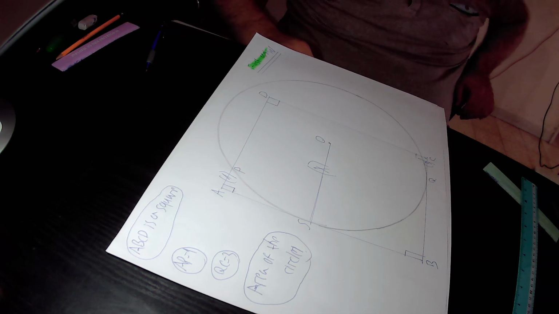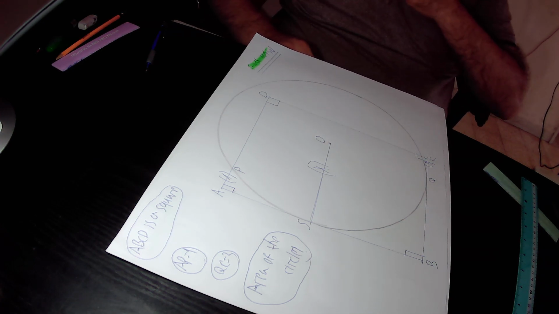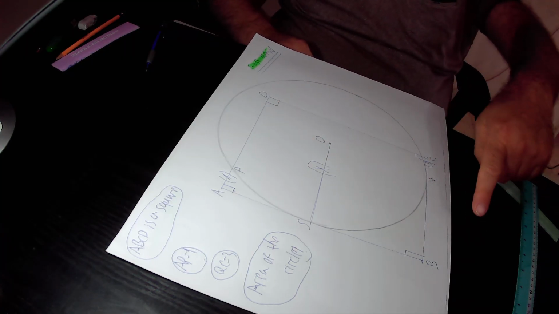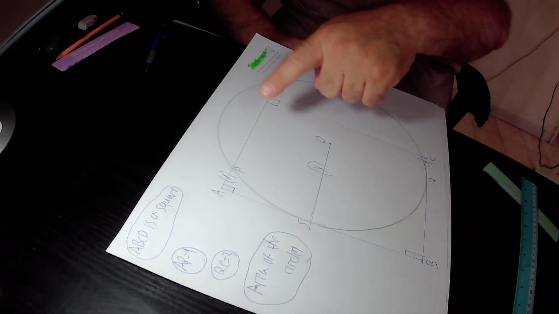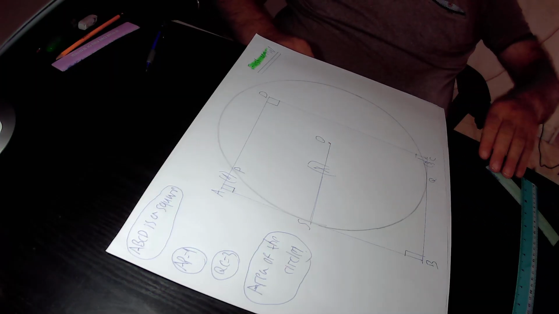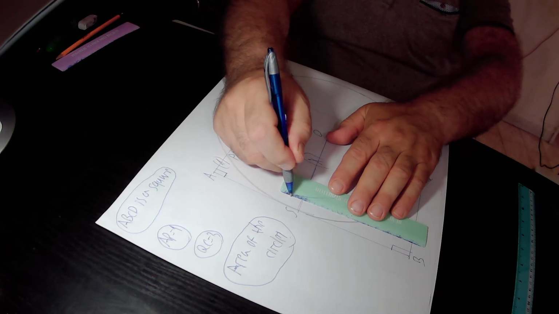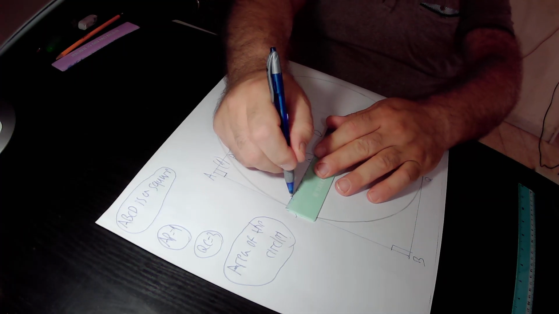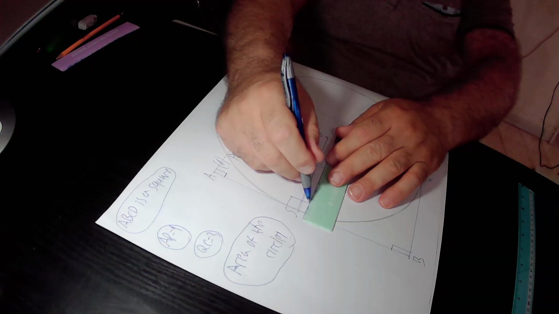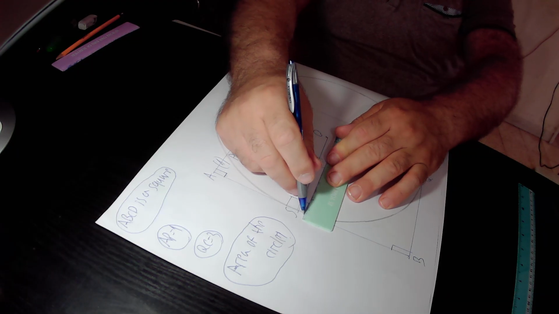And whenever you have a radius drawn to the point of tangency, then tangent AB will be perpendicular to the radius SO. If AB is perpendicular to SO, it means that this angle equals 90 degrees, and this angle also equals 90 degrees according to rule 1.